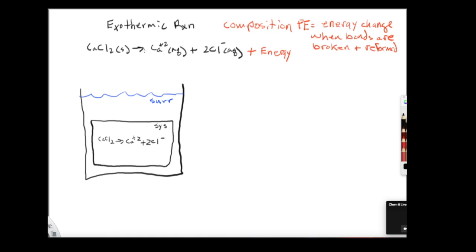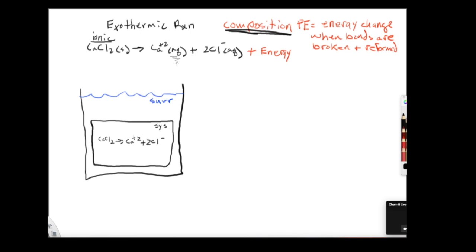Now, let's just talk about this compositional issue. So the calcium chloride is an ionic bond. And in this reaction, we have to actually break that bond up. We're going to break the ionic bond, and then new bonds have to form over here between the calcium ion and water.